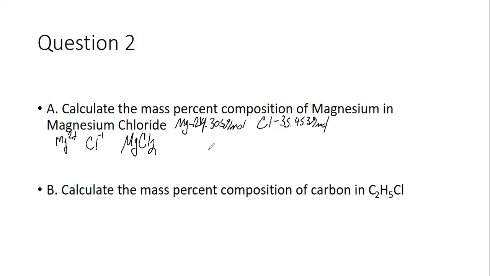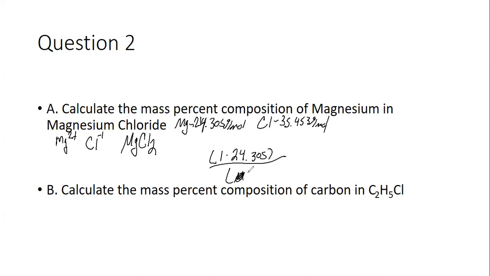So the mass percent of magnesium is the weight of magnesium in that compound divided by the total mass of magnesium chloride.